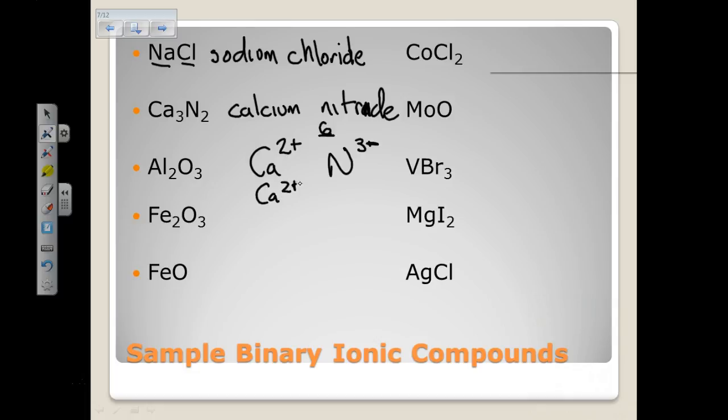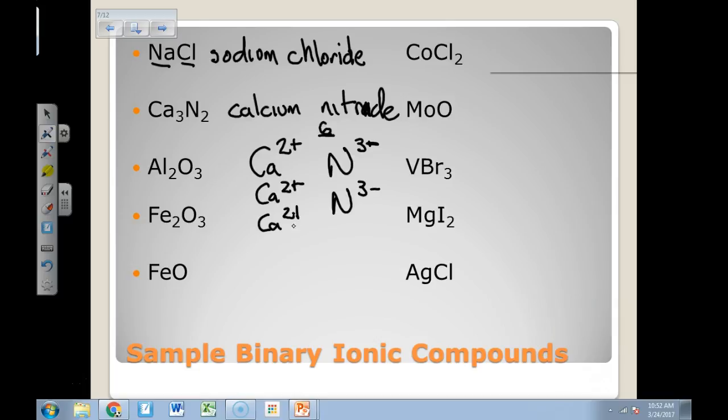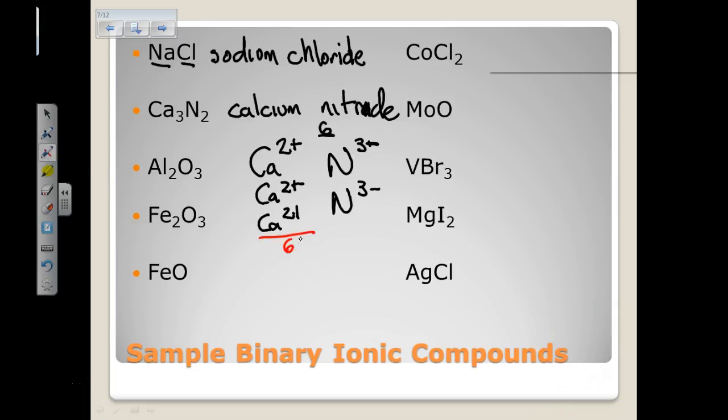So I'm going to put another calcium and another calcium here. So that means there's 6 pluses. And now we need 6 negative charges. So that's 6 negative. If we added up the charges here, this is going to be 6 plus, this is going to be 6 minus. They cancel out to give us a neutral compound.